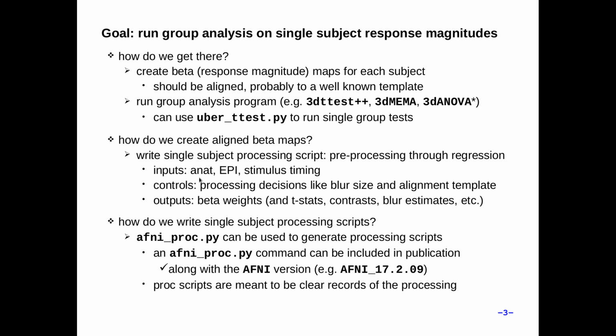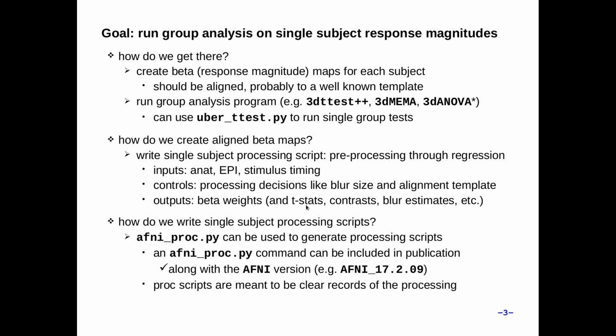There could be other inputs, but these are the basic ones. And then that processing script will have some control options that you've specified, like the blur size and the alignment template and things like that. And then the output from this should be those beta weight maps that you want. The output should be beta weight maps that are ready to go into your group analysis program.